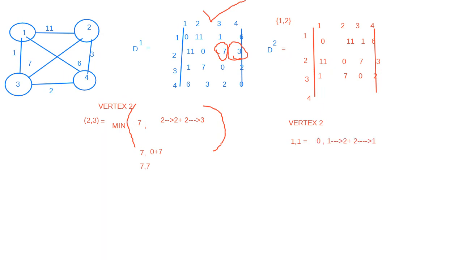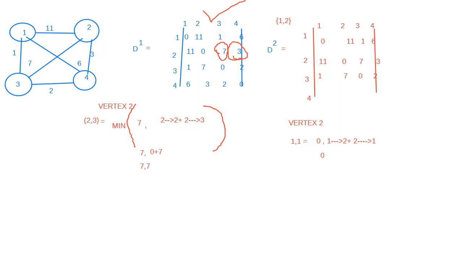So here it is 0. Can you tell me what is 1 comma 2 in D1? Write in the chat box. Yes, it is 11, so I am writing it over here. 11 plus what is 2 comma 1?